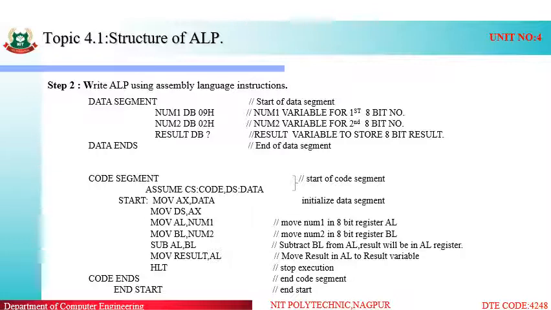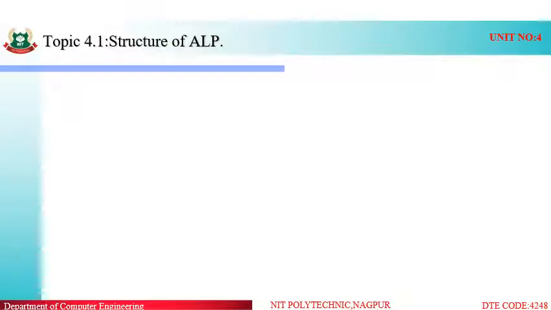Therefore we have used sub instruction. Sub means subtract. Destination comma source, that is AL comma BL. Then we have moved the result which is present in the AL register into the result variable, and then we have stopped the program. So this is the simple program for subtraction.